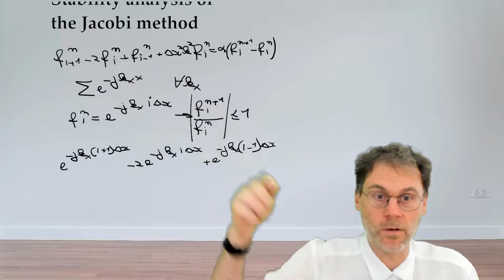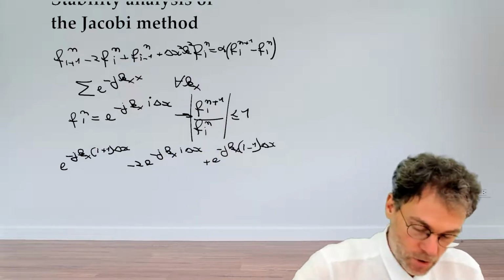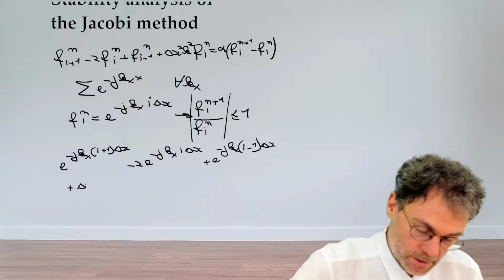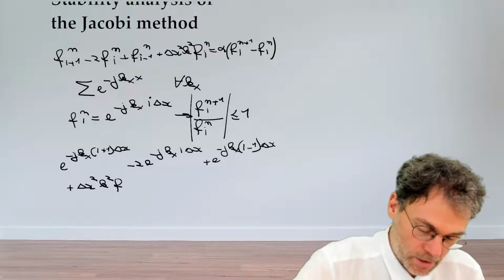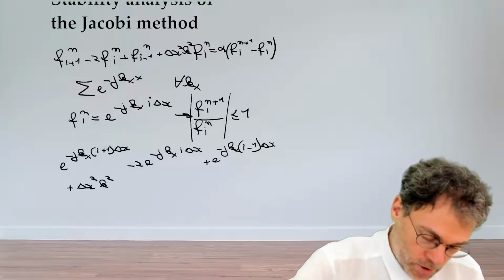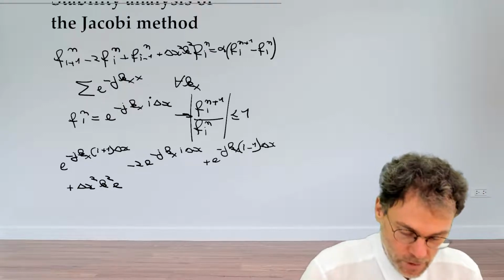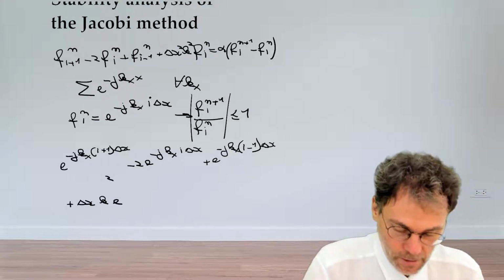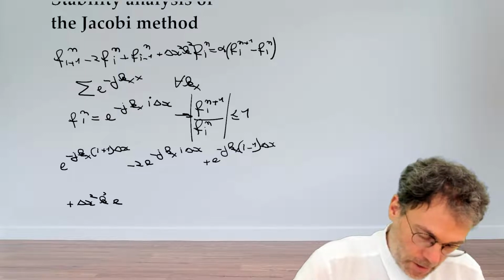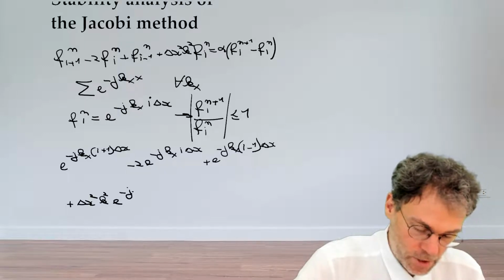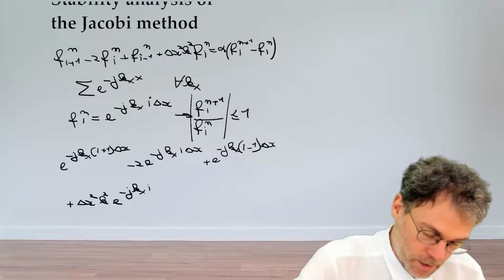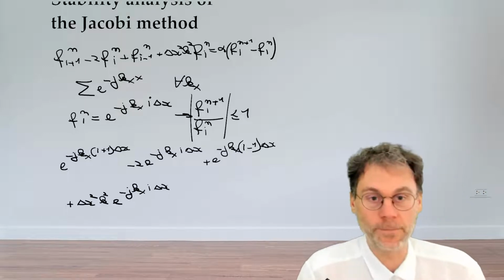And then we have this guy over here, which is going to be delta x squared k squared f_i^n, which is exponential minus j kx i delta x. Okay.